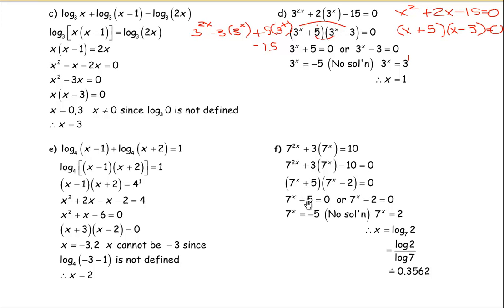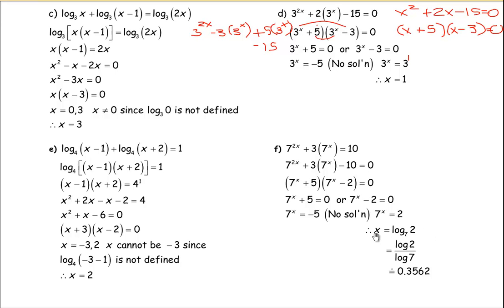Set each of these to 0, and we do that for this one here. We get, well, very similar to the 3 to the x. In this case, it's 7 to the x equals negative 5, which would have no solution. The second one here, when you bring the 2 over, the negative 2 becomes positive. So you have 7 to the x equals 2. And so to solve for x, I can't write 2 as a power of 7. x would equal the log of 2 base 7.